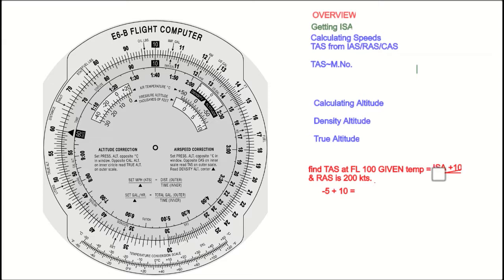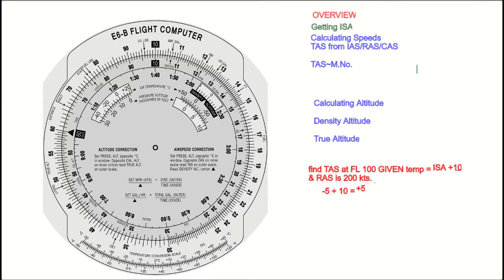ISA plus 10 is given here, so I say minus 5 plus 10, so my actual temperature here would be plus 5. Pardon me, this is not the best platform for that, but I'm just making it to go through here.